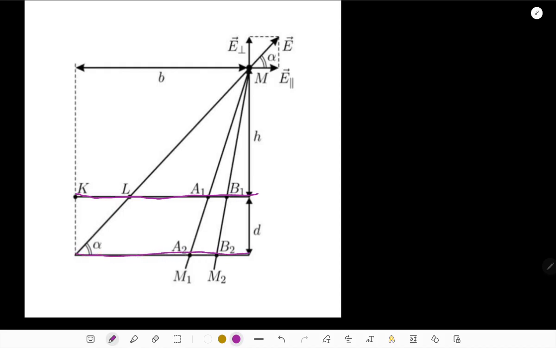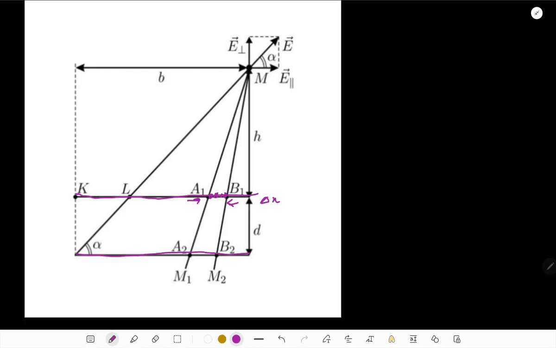This is the distance d between them and h here. And I have taken a small strip of thickness or width delta x.